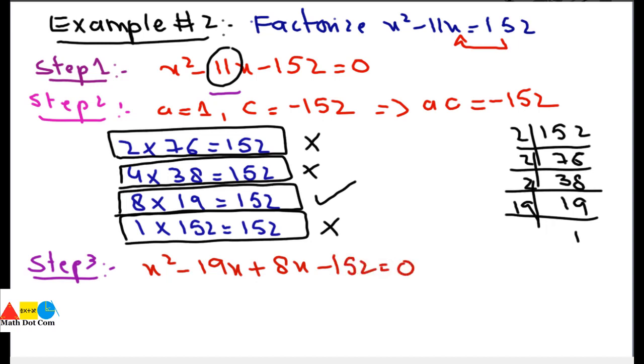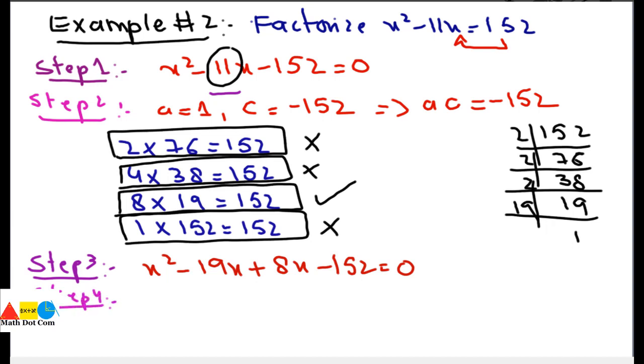The signs are very important. As there is a minus with 11, we have to put the signs with 19 and 8 in such a way that we get minus in the result.